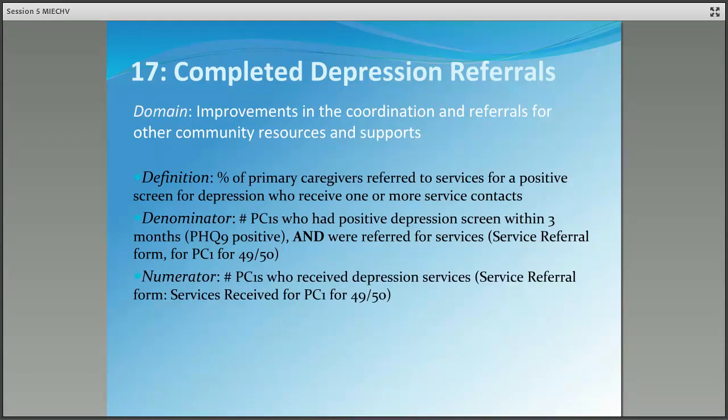Our numerator is the number of PC1s who received services. So this ties back to our third item. Of your PC1s who screened positive for depression, how many of them actually got the services they needed?